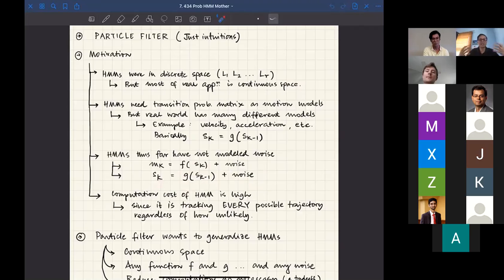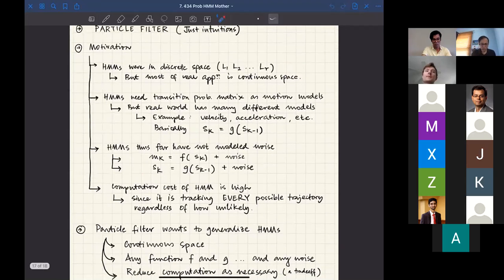Right? So now we are thinking, where all can we generalize things so that if we can come up with a general model, it can apply to any application that is thrown at us. Okay? And finally, the computation cost of HMM is pretty high, right? Why? Because remember, you're tracking every possible path, regardless of whether the path's probability is high or low.